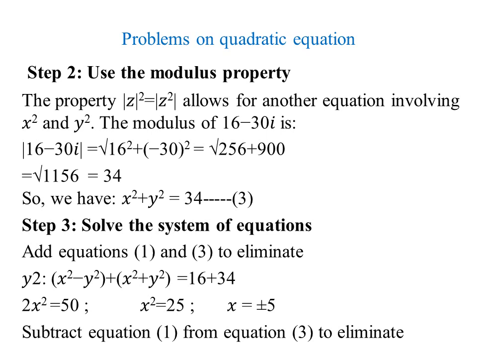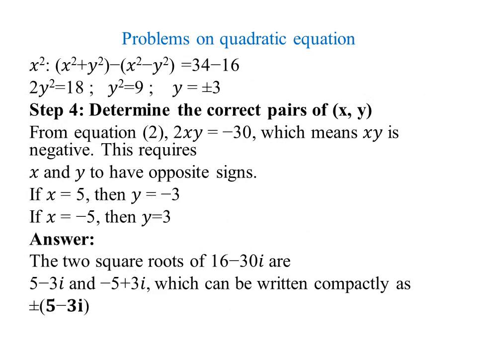Therefore, 2x square is equal to 50, x square is equal to 25, and x is equal to plus or minus 5. We get x square plus y square minus x square minus y square is equal to 34 minus 16. Therefore, 2y square is equal to 18, y square is equal to 9, y is equal to plus or minus 3.